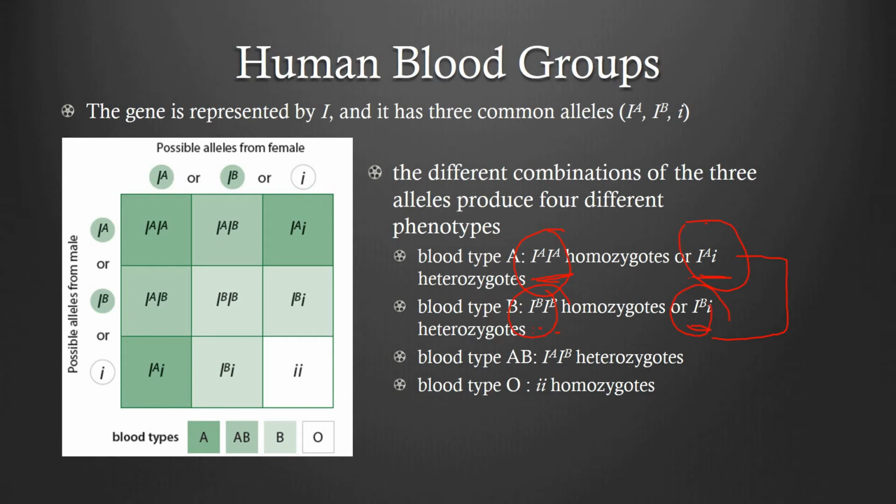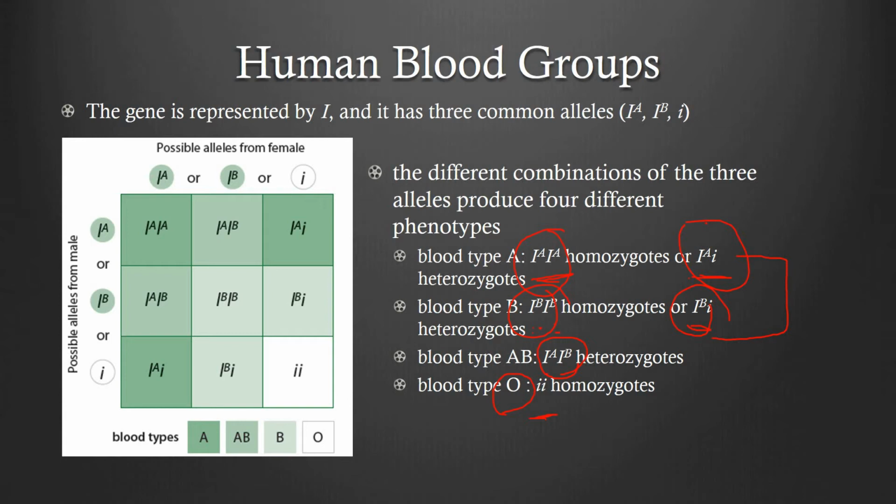Now, in order for you to be type AB blood, you have to have IAIB. So there are no recessives with type AB blood. And for type O blood, you only have recessive alleles for that trait.